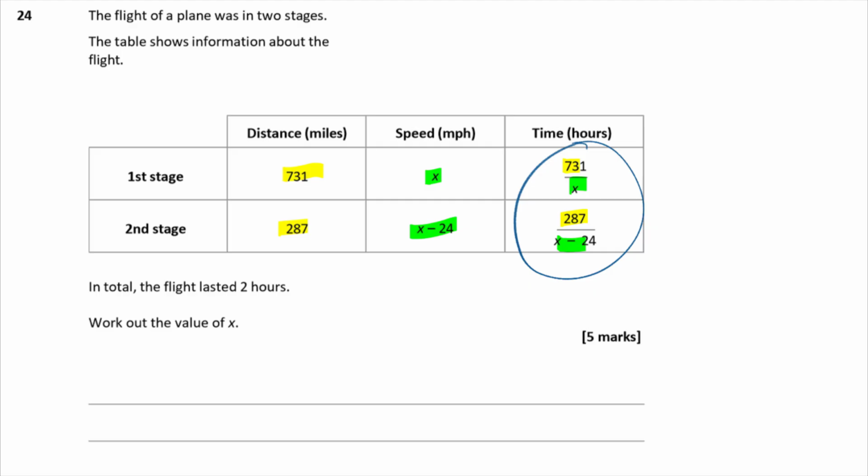So what we need to do is say, well, I've got 731 over x, and I've got 287 over x minus 24, and I know that this is equal to 2 because it's 2 hours. Okay, so what we then need to do is work out what x is from that.